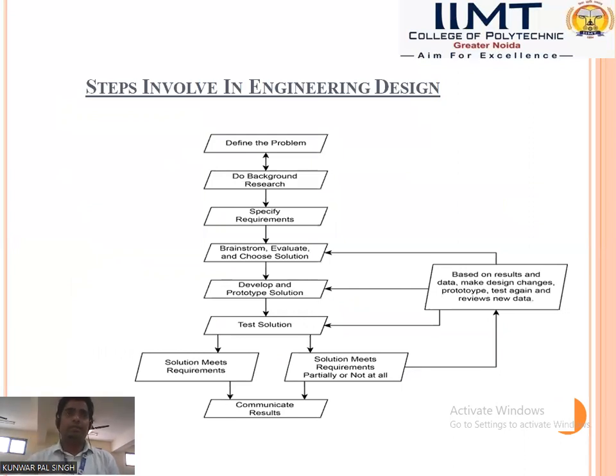As we see in this flow chart, which shows the engineering design steps that we follow. In the very first step, we define the problem. Whatever problem we have, we first define it. After defining the problem, we do background research about the problem, what kind of problem it is, and what factors are affecting it. Then we specify requirements.